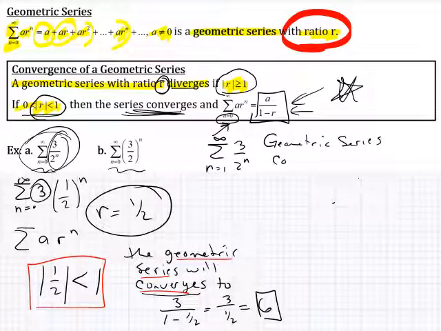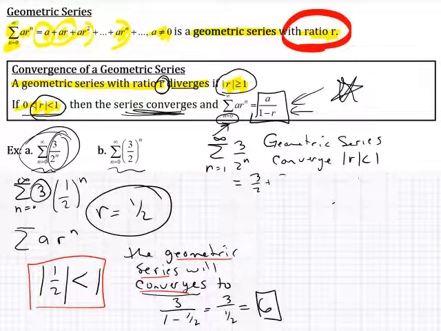It's still going to converge because the absolute value of r is less than 1, but it doesn't converge to 6. Because if you look at the first couple terms of this series, if n equals 1, you would get 3 halves.